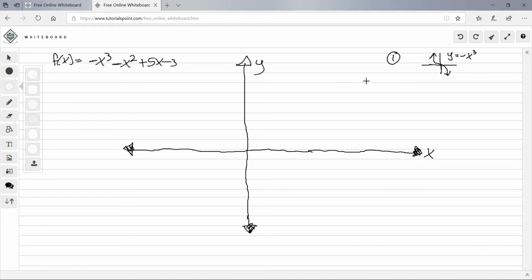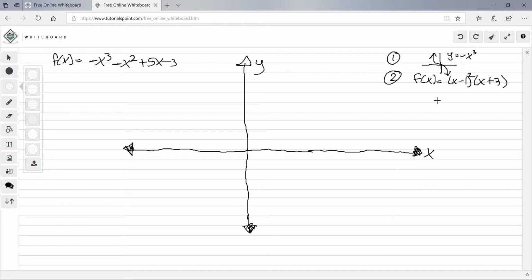Okay, so we know our end behavior. We know our x-intercepts. Remember, when we did the synthetic division, our factored form was x minus 1 squared and then x plus 3.